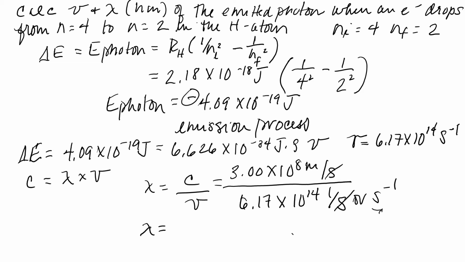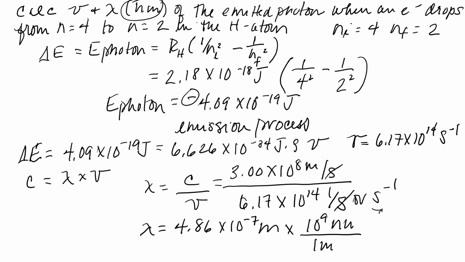Lambda in meters is 4.86 times 10 to the negative 7 meters, but we were asked to give the wavelength in nanometers, so we need to convert those meters to nanometers. So the lambda, or wavelength, in nanometers is 486 nanometers.